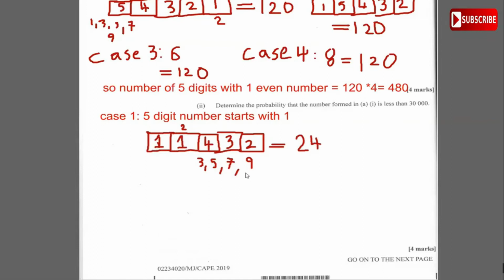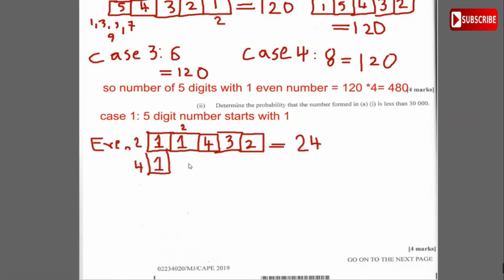Now let's look at what if we chose the even number to be 4. This was the case where the even number was 2 and we start with 1. What if we wanted the even number to be 4? If the even number is 4, we're still starting with the number 1, which is only one way.